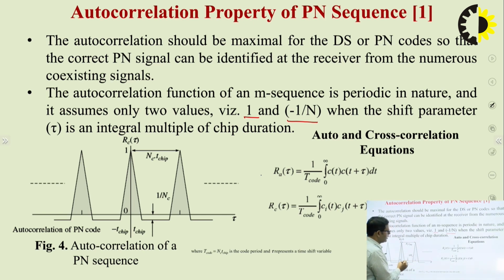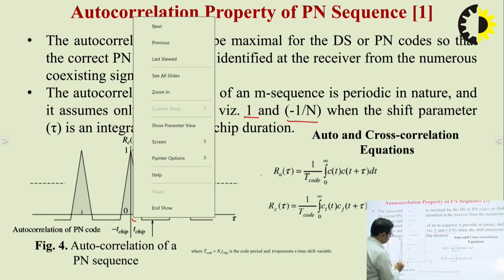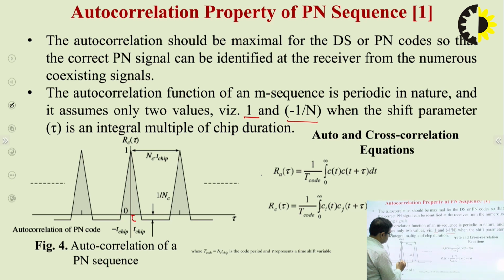It is also noticeable that at tau equals 0 the value of this autocorrelation function is high, but at other instances the value of this autocorrelation function decreases. For other cases its value is minus 1 by n.